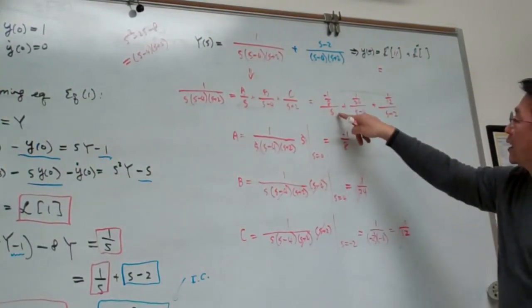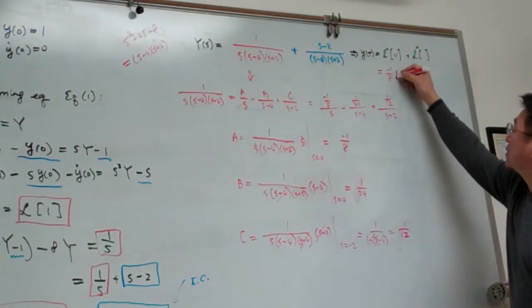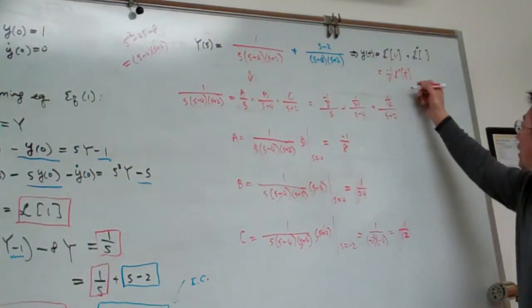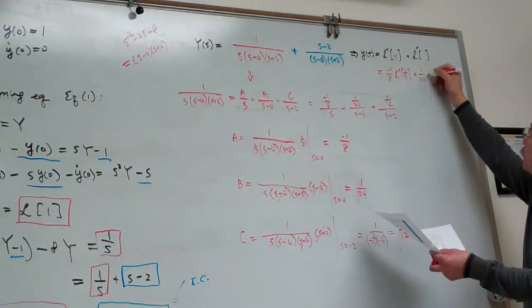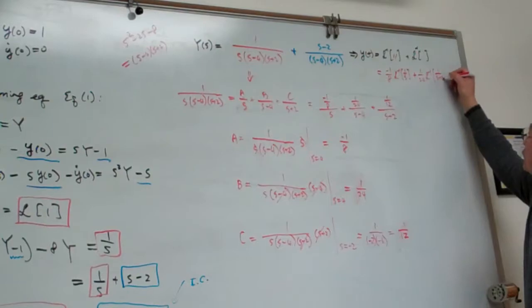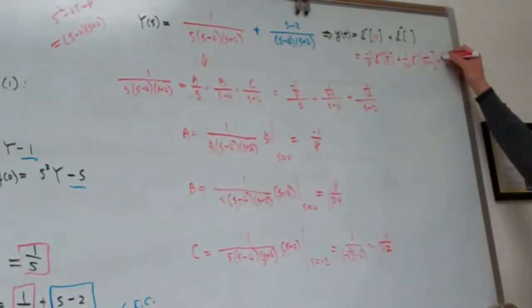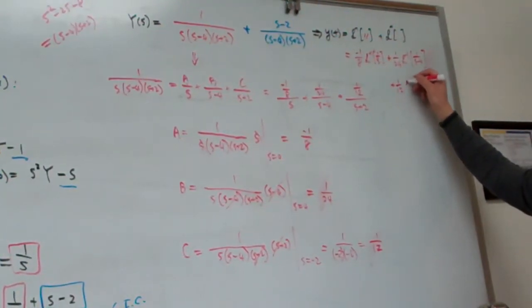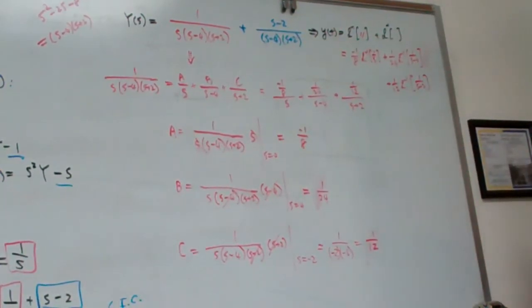Now you can see that it is minus 1/8 times the inverse of 1 over s, plus 1/24 times the inverse of 1 over s minus 4, and plus 1/12 times the inverse of 1 over s plus 2. Right? You good?